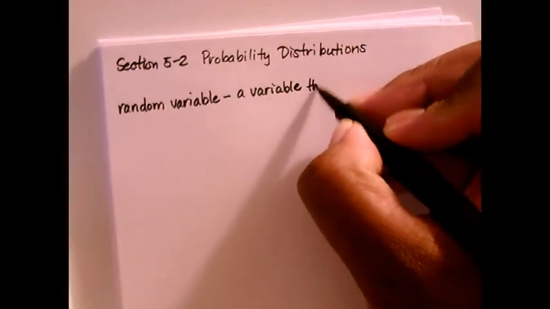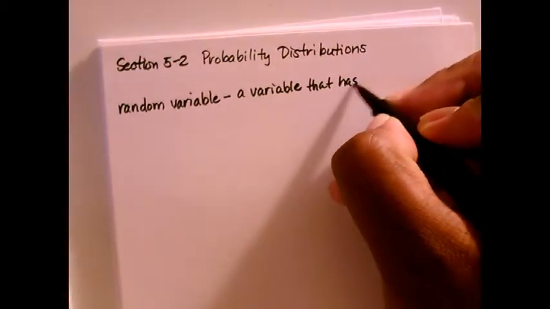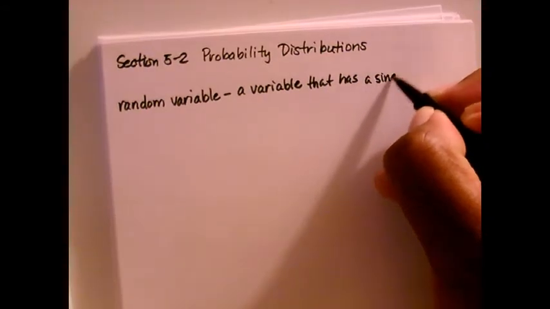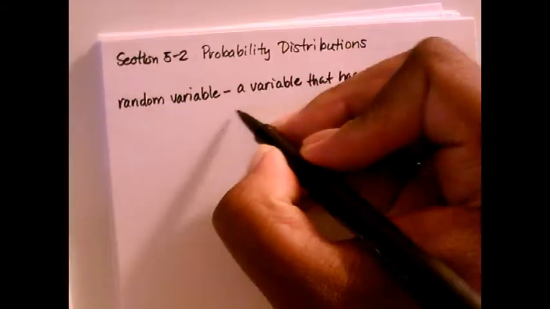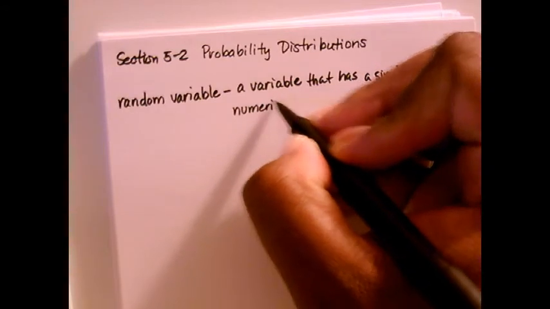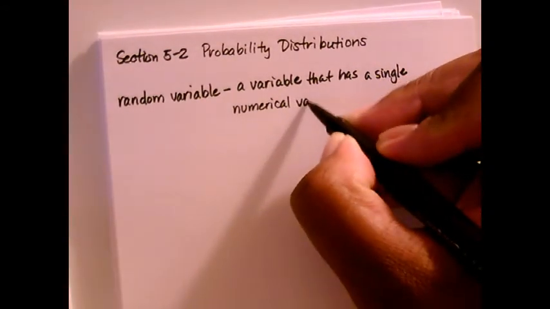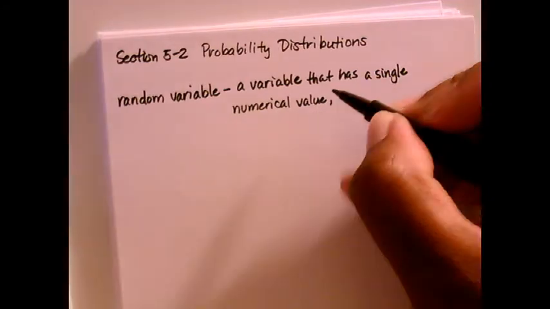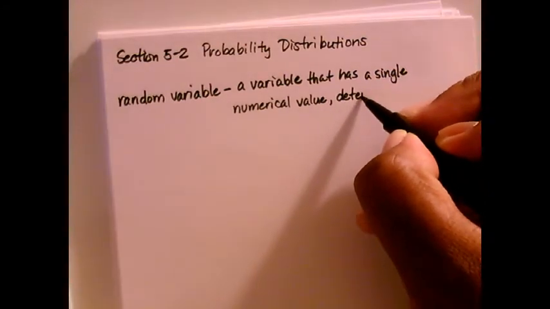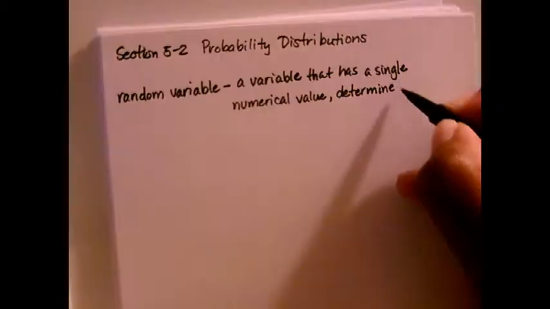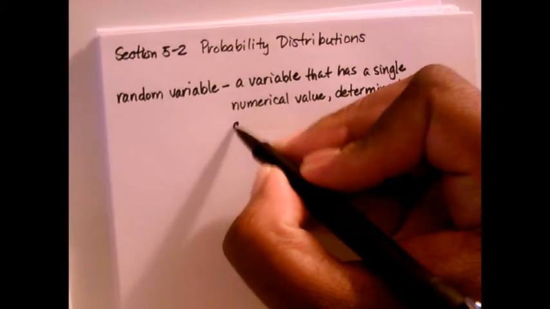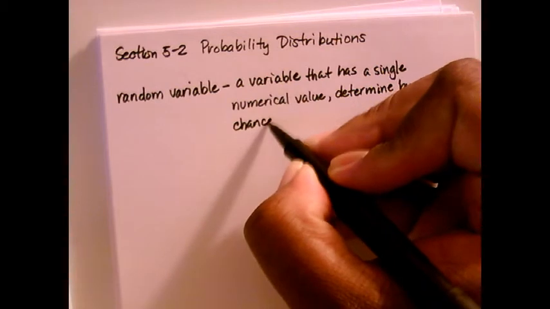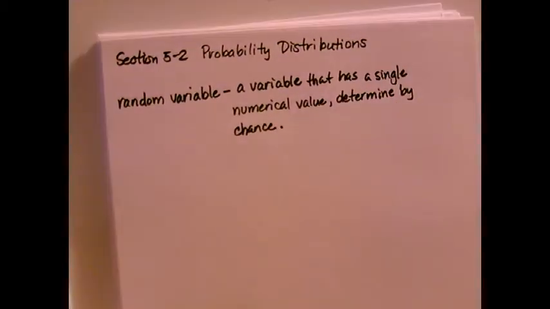It is a variable that has a single numerical value, and that numerical value is usually determined by chance. So a random variable is nothing but a variable that has a single numerical value that is usually determined by chance.